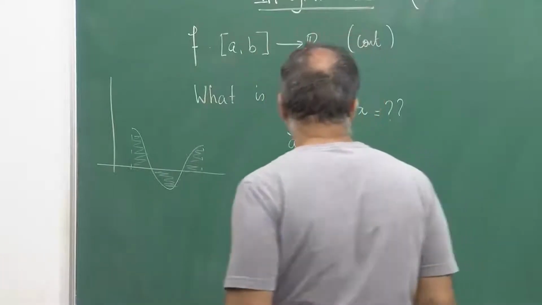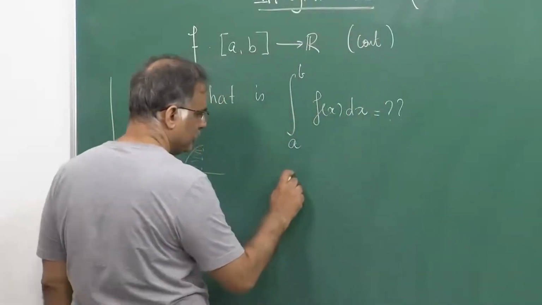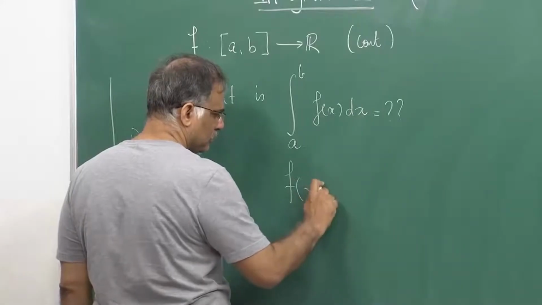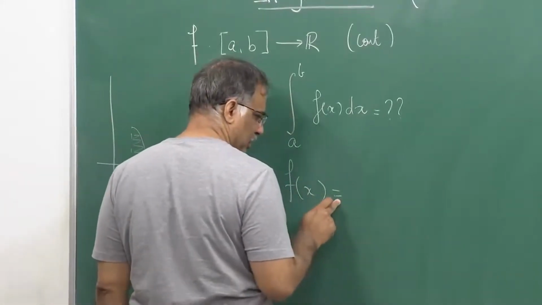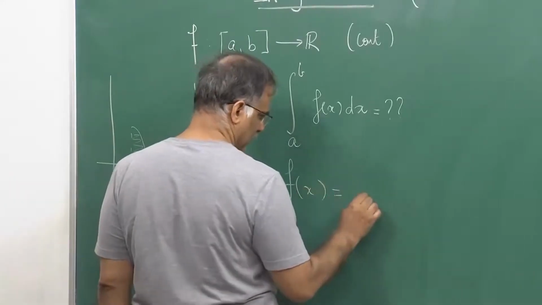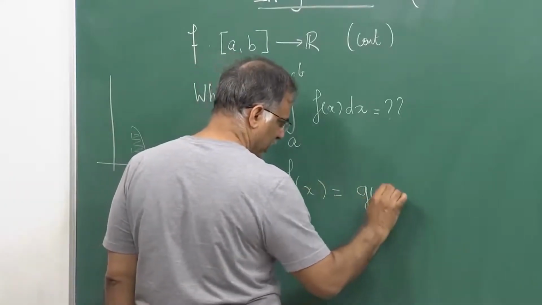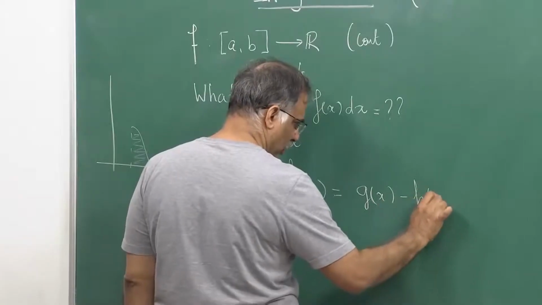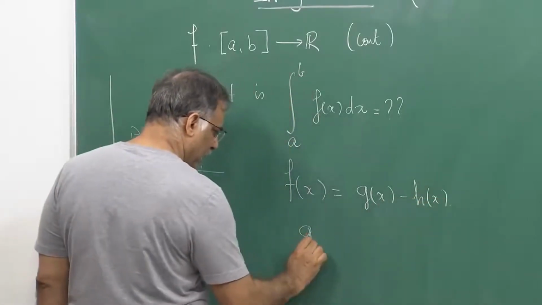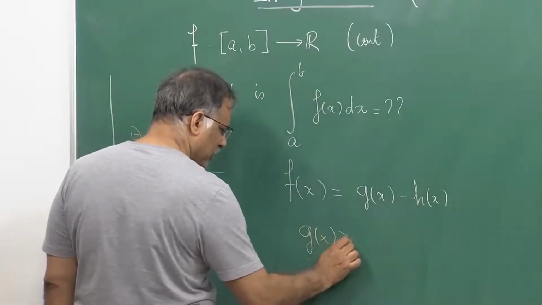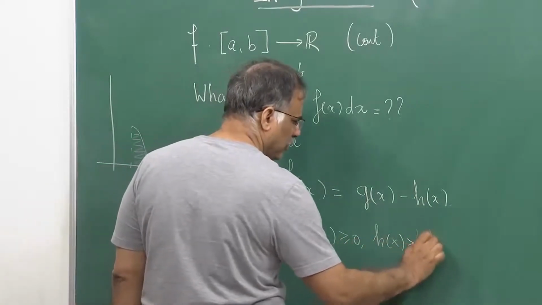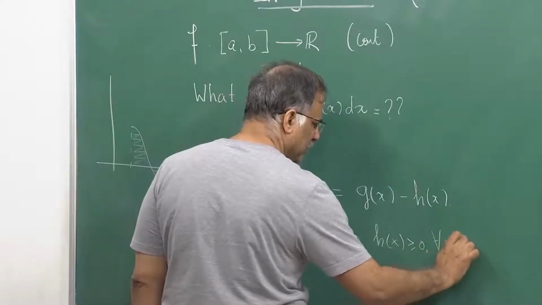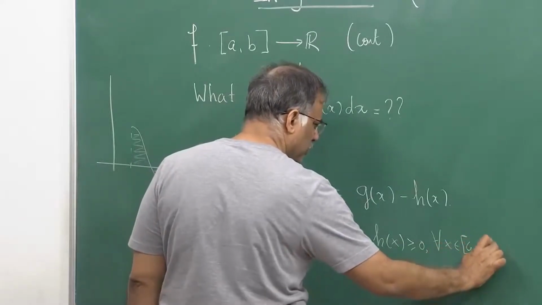Similarly, given any function f(x), I can always express it as the difference between two functions g(x) and h(x), where g(x) is greater than or equal to 0 and h(x) is greater than or equal to 0 for all x in [a, b]. So these are non-negative functions, you can always do that.